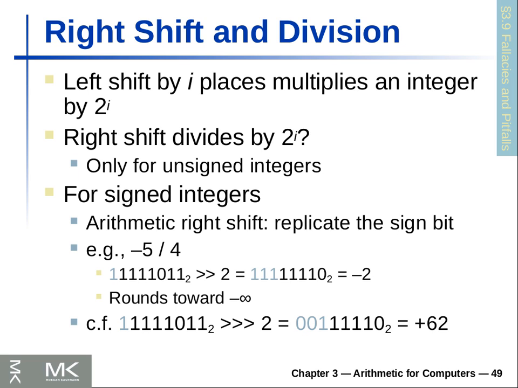Upshifting 8 by 3 is 8 times 4, which is 64. But all you're doing is shifting the bits. Wait, 8 times 4 is not 64, it's 32.